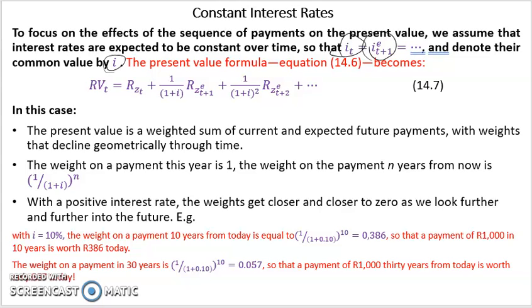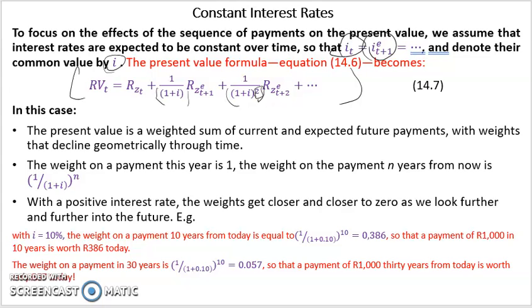So the present value formula in this case is now given by this. Unlike before, the interest rate is uniform throughout the discounted values, with only a multiple of the earnings as the years go by.